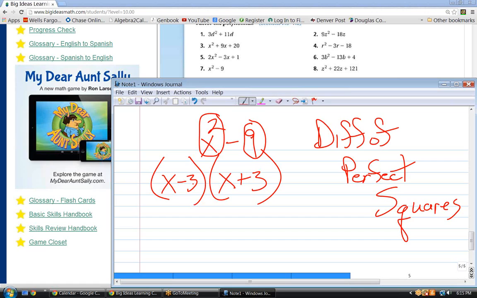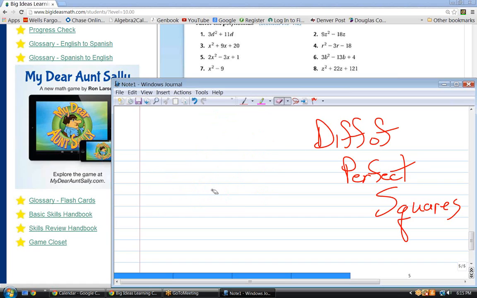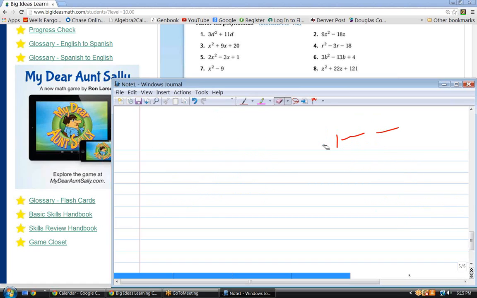In other words, changing the minus to a plus. So the one that you really want to remember as being your general formula for the difference of perfect squares is this. A squared minus b squared.